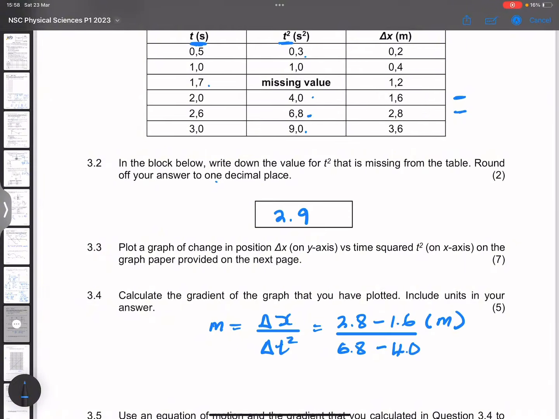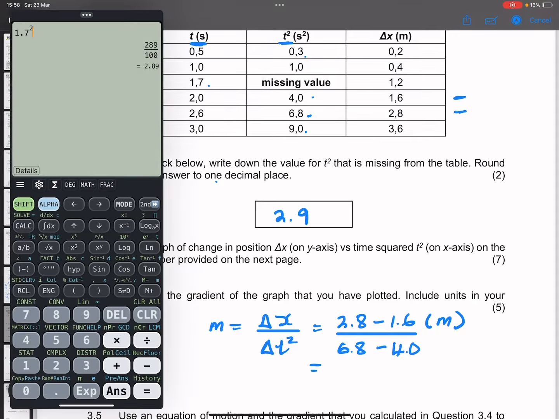Okay, right. So let's calculate there. We're going to have 2.8 minus 1.6, right, divided by 6.8 minus 4. Okay.